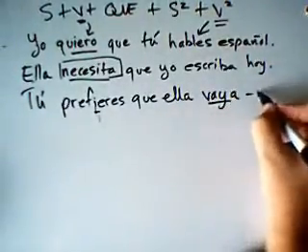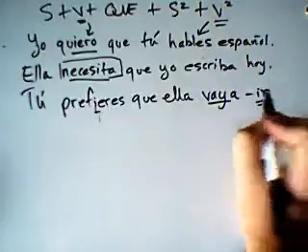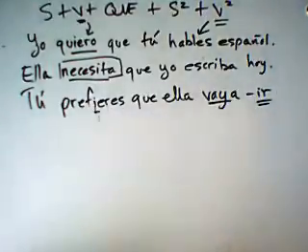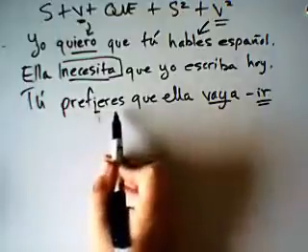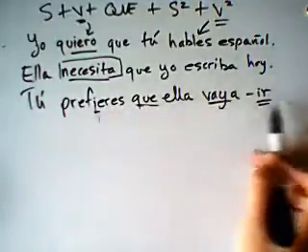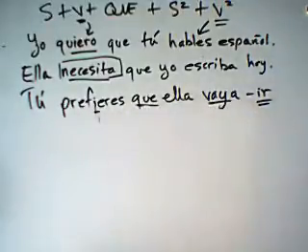Now, that's the subjunctive of the verb ir. It's an irregular. Go back to my lesson on the subjunctive where I give a list of those 6 or 7 irregular verbs in the subjunctive. Okay? But again, we have subject, verb, que, then our dependent clause, and the verb in the subjunctive.